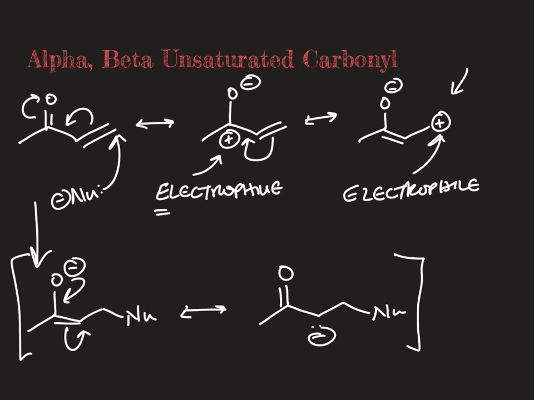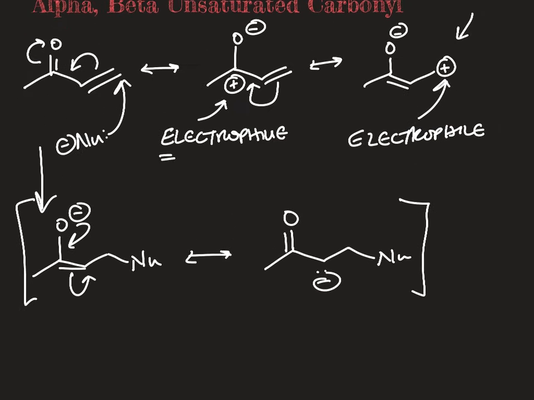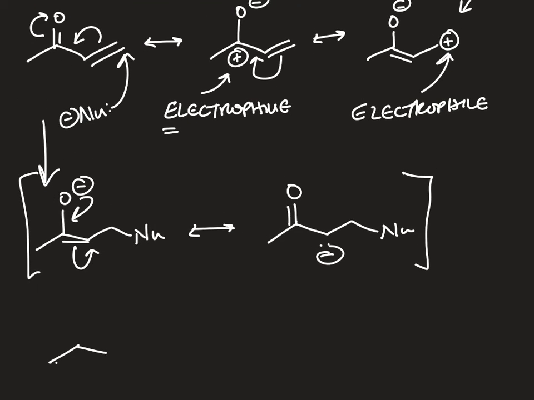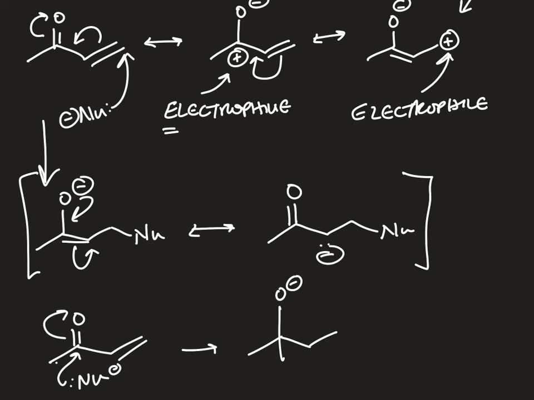Whereas if we were to make the nucleophile attack at the carbonyl carbon, the intermediate would not have any resonance structures and therefore is less stable. So this is why that beta position is more electrophilic than the carbonyl whenever you have the alpha-beta unsaturated system.